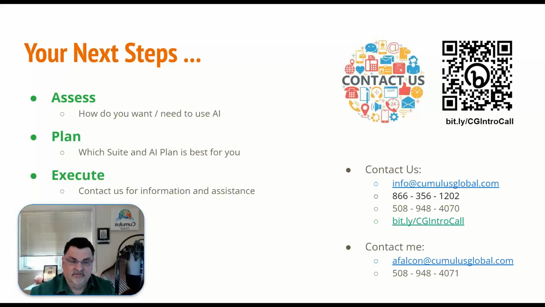That's another approach. We can discuss with you what you're trying to achieve, how you want to work, how you want to improve your processes, how you want to leverage AI, and help you make those decisions in a way that you end up with not just great AI tools and support, but the right productivity suite integration and environment. And so that third step is execute and contact us for information and assistance.